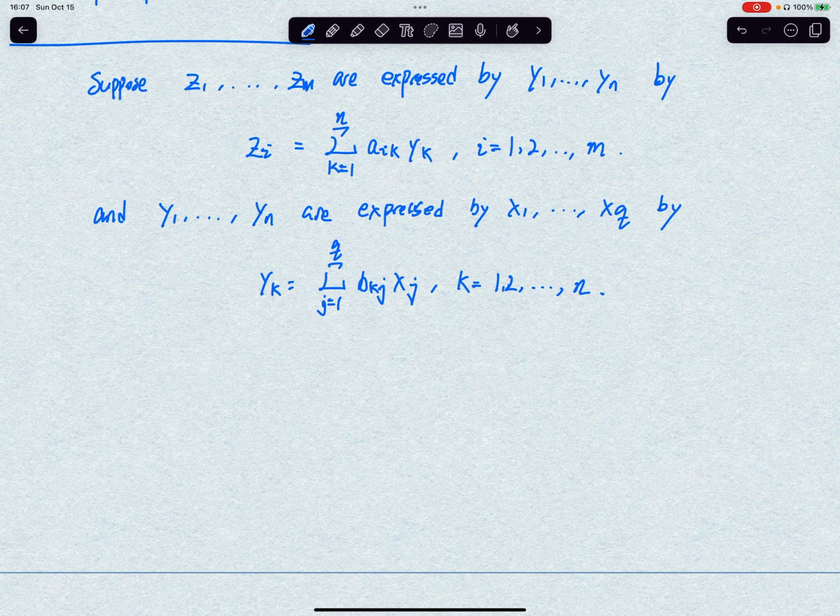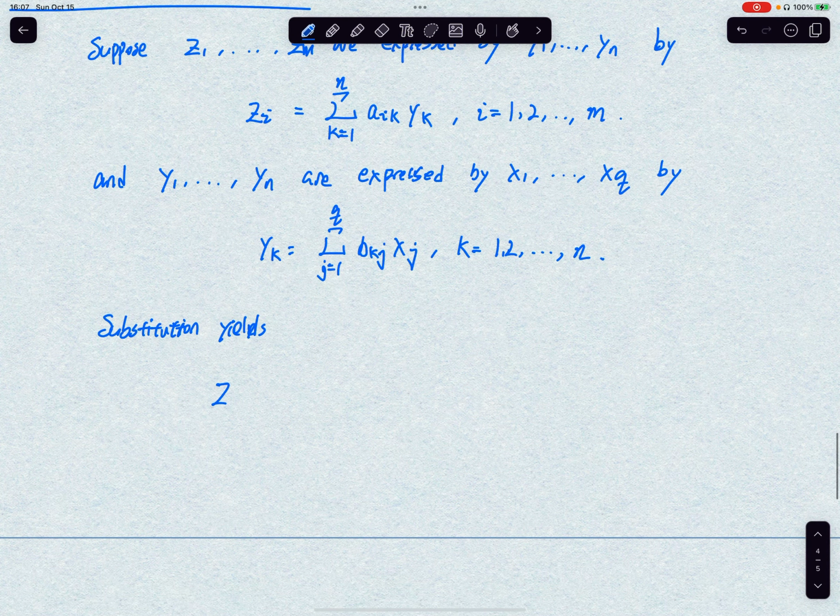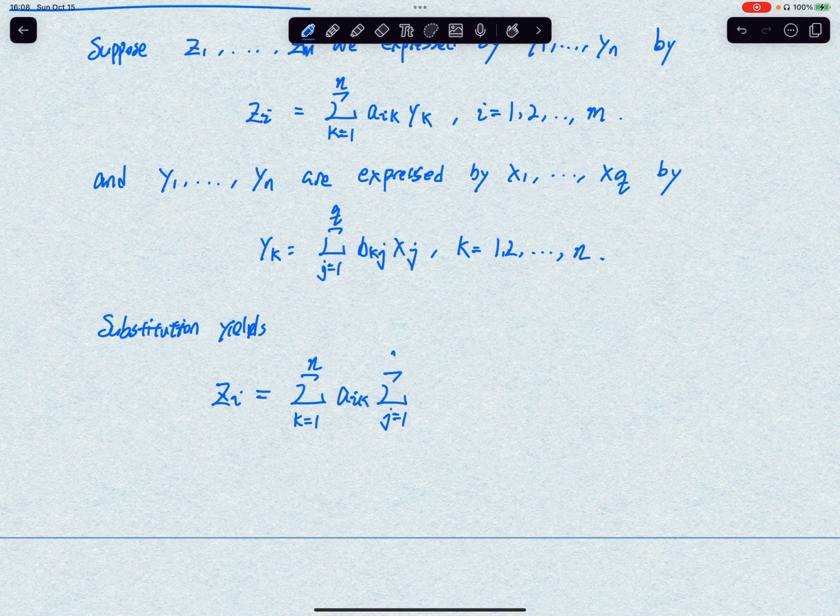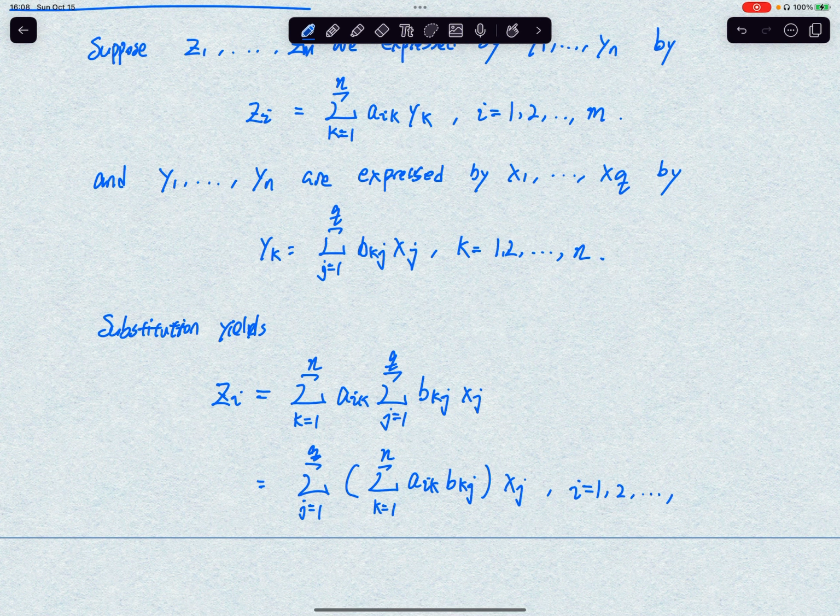Namely, substitution yields z_i equals the summation over k from 1 to n of a_ik times the summation over j from 1 to q of b_kj x_j, and it equals the sum over j from 1 to q of the summation over k from 1 to n of a_ik b_kj, then times x_j, where i ranges from 1 up to m.